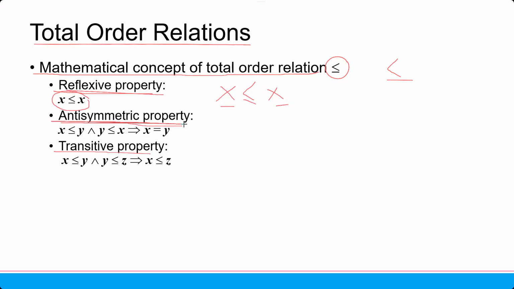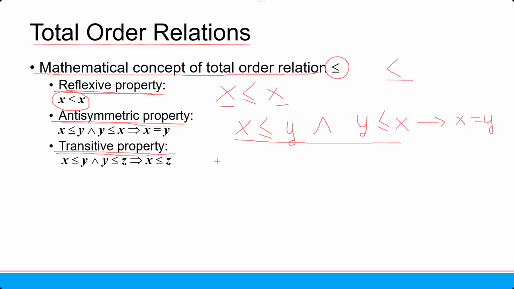The second one, we call it the anti-symmetric property. For this anti-symmetric property, we have X is less than or equal to Y, and Y is less than or equal to X. If this is true, then we can say that X is equal to Y. We have another property, we call it the transitive property.